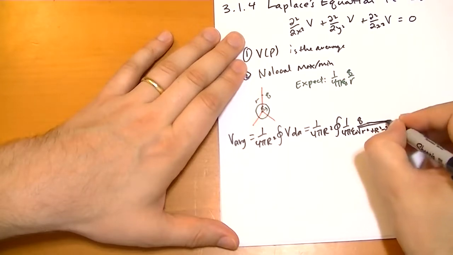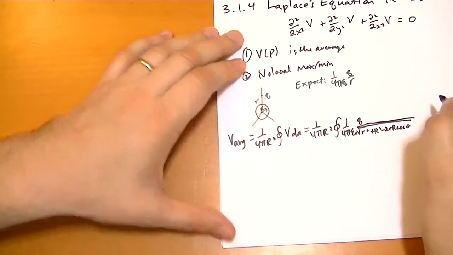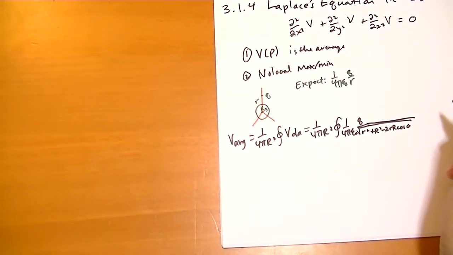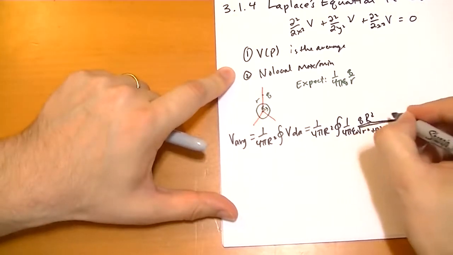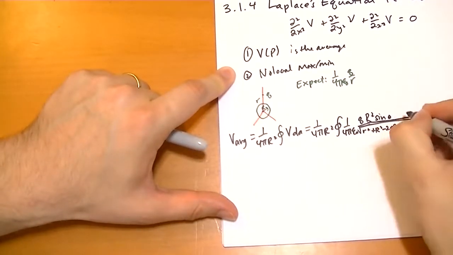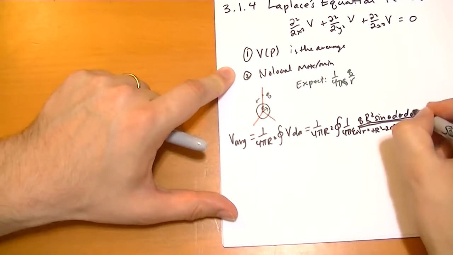And dA in spherical coordinates is the radius squared sine theta d theta d phi.